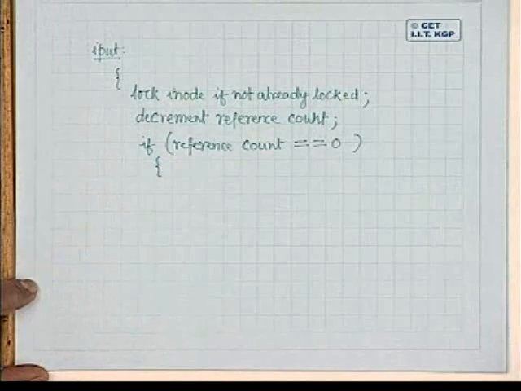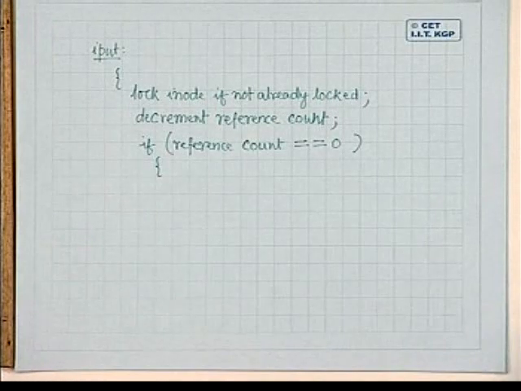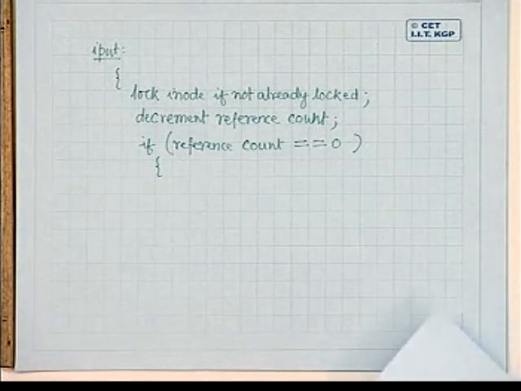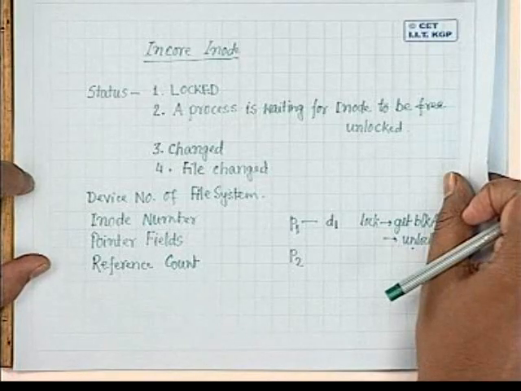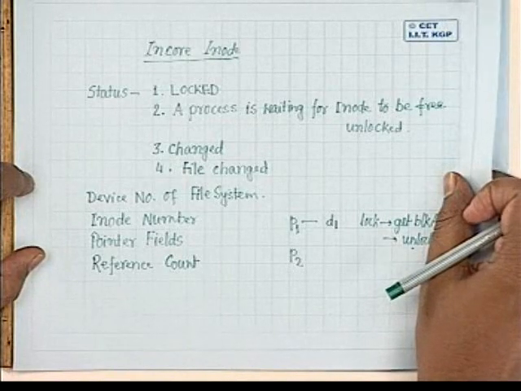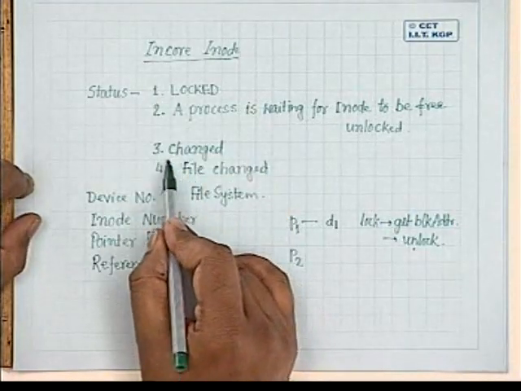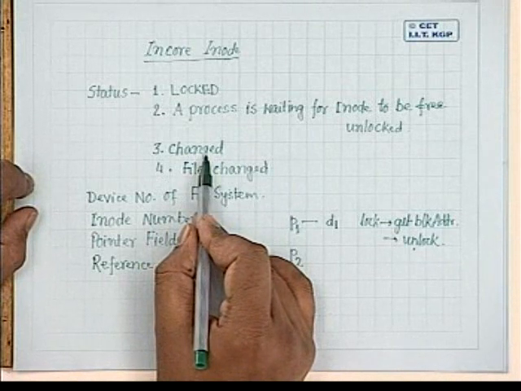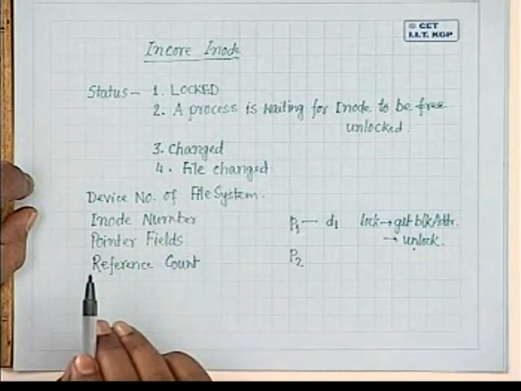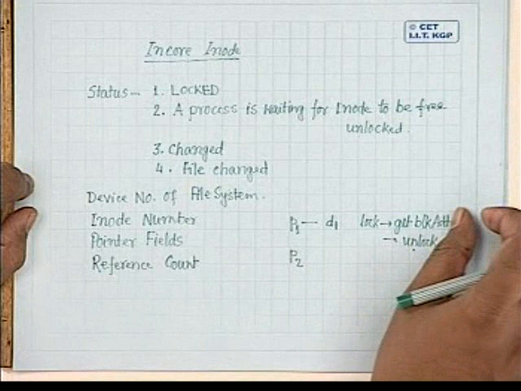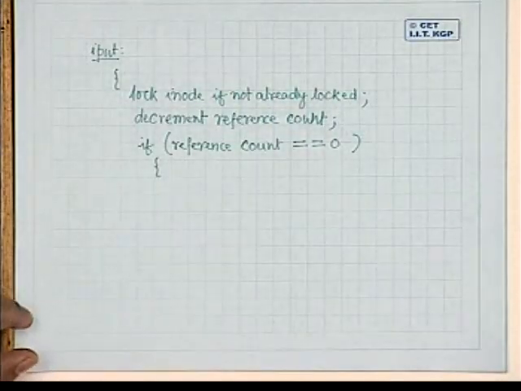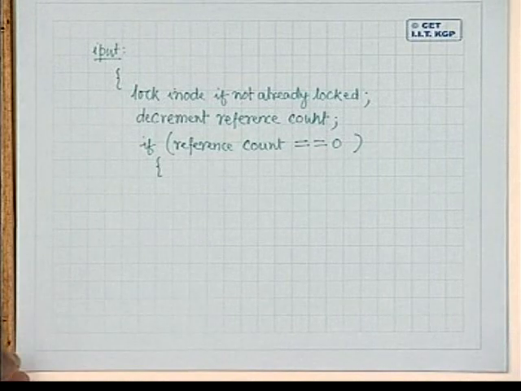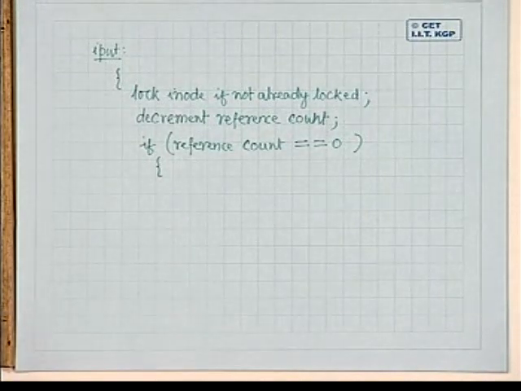When we talked about the incore copy of the inode, we mentioned different pointers and fields in the status field, that is, whether the inode has changed or whether the file has changed. So if the inode is changed when the reference count is equal to 1, in that case this inode has to be saved onto the disk, and only then will it remain in the free list.